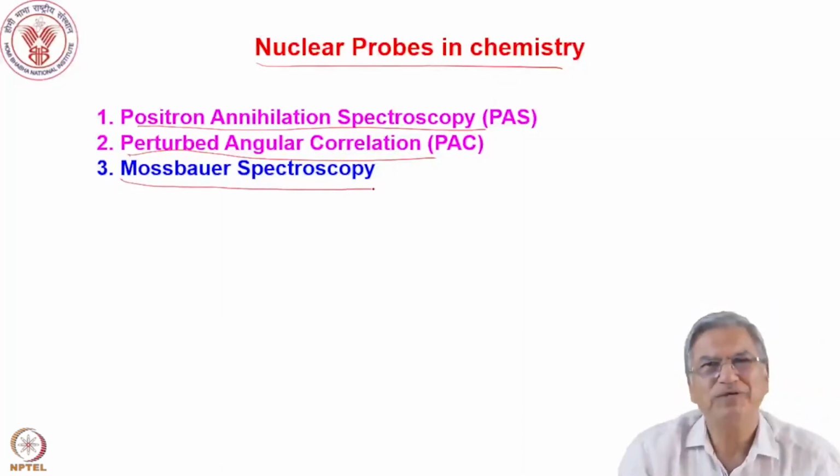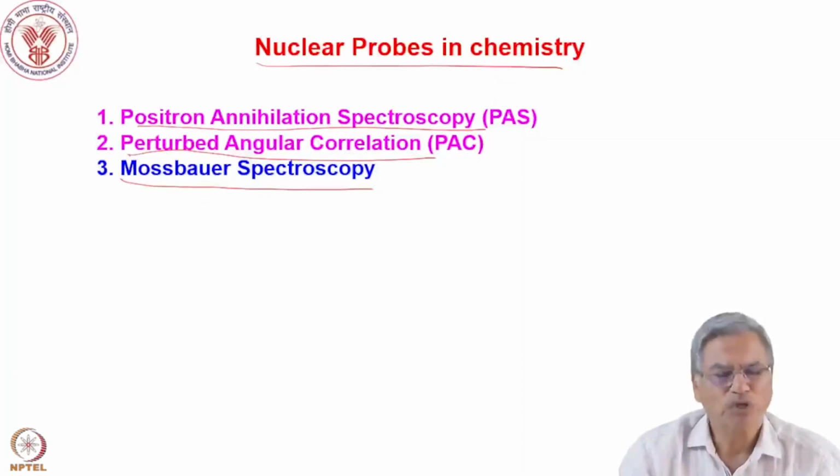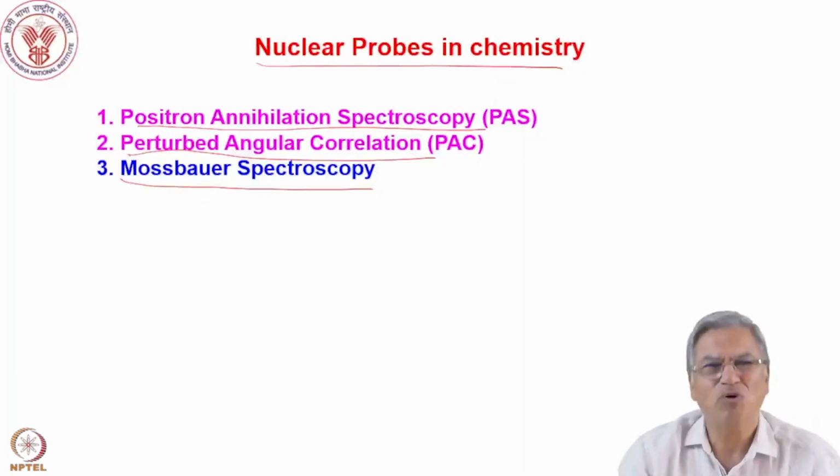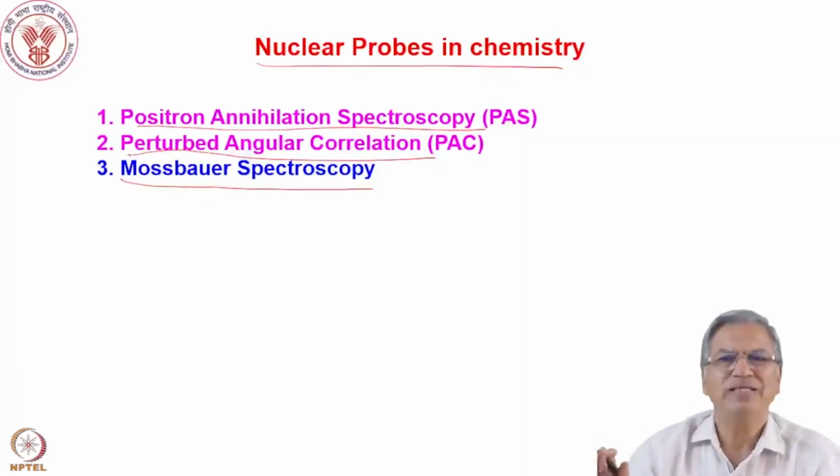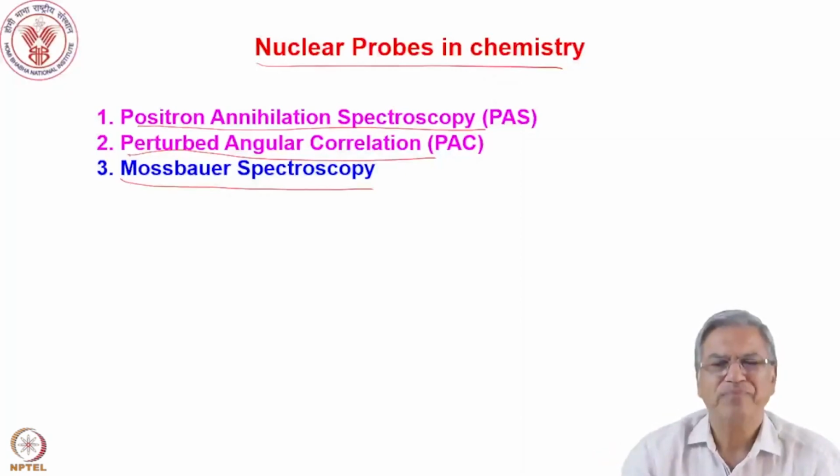Some of you may know about Mössbauer spectroscopy. It relies upon recoil-less absorption. A low energy gamma is emitted by a nucleus in its excited state, and the same gamma is absorbed by another nucleus in the sample. The source is emitting that low energy gamma, and the sample is absorbing.